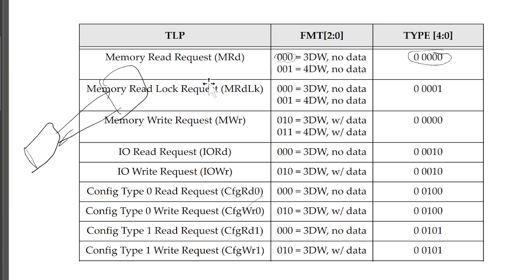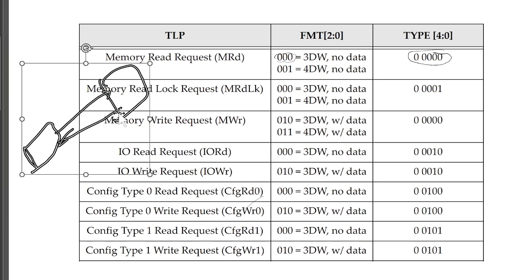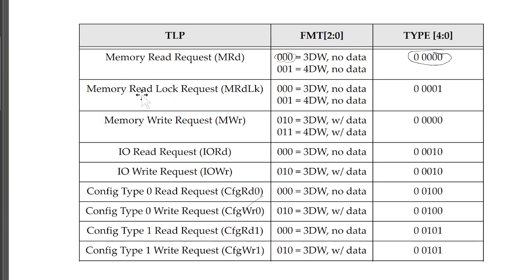If you are using a memory lock request, it's a lock request with a special feature from the transaction layer. We'll see in future slides how lock transactions are helpful. But for locking purposes, let's take one example here itself. You have an RC and an EP, and you are sending data.